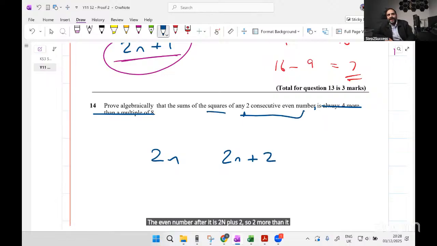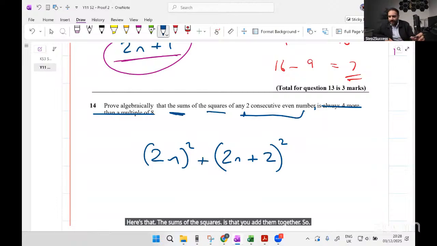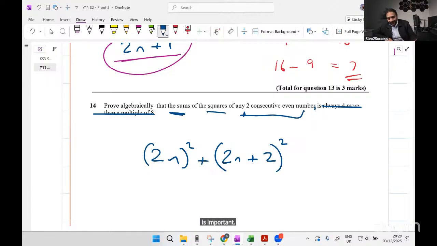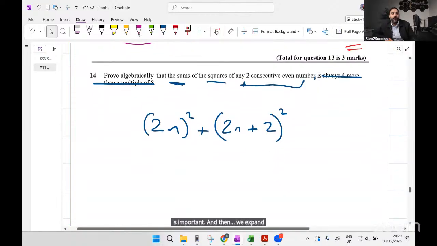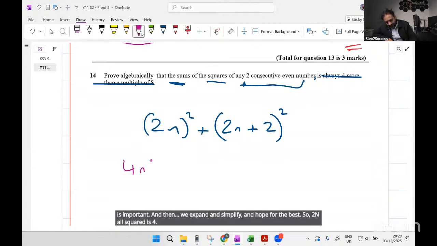The squares of them is that. The sums of the squares is that. You add them together. So setting that up first correctly is important. And then we expand and simplify and hope for the best. So 2n all squared is 4n squared.